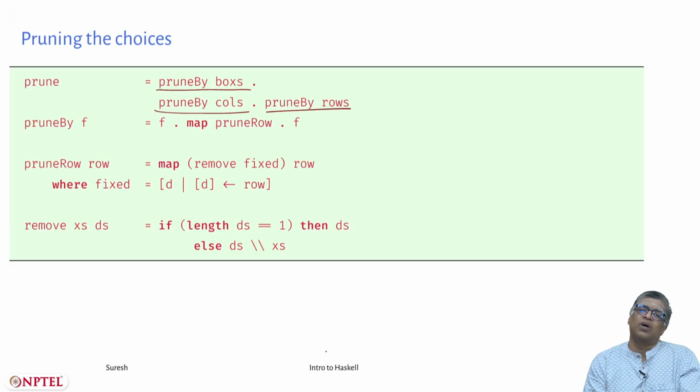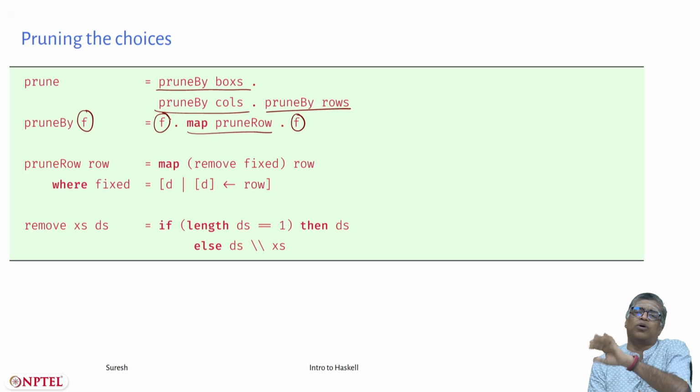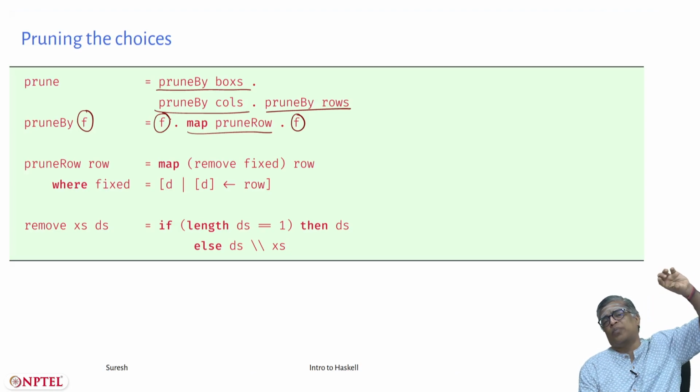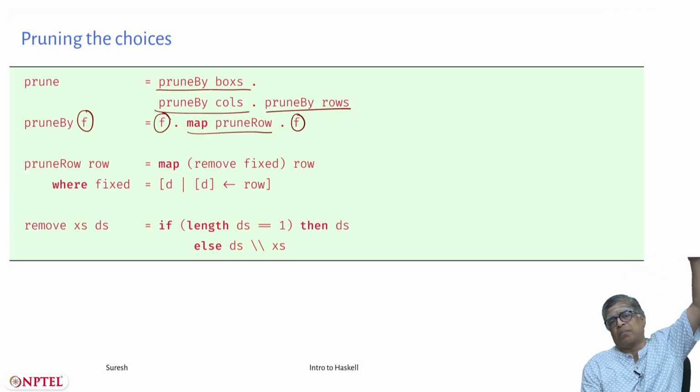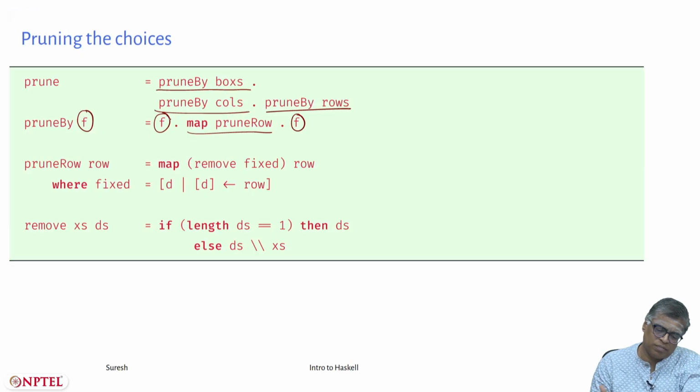First prune by rows, then prune by columns, then prune by boxes. Prune by some function f is nothing but f, map prune row, and then f. Okay, so you prune each row. First apply f, it will transform your matrix so that each row is some boxes or columns or whatever. Prune each row, then apply the function f again to take it back to the original order of elements.